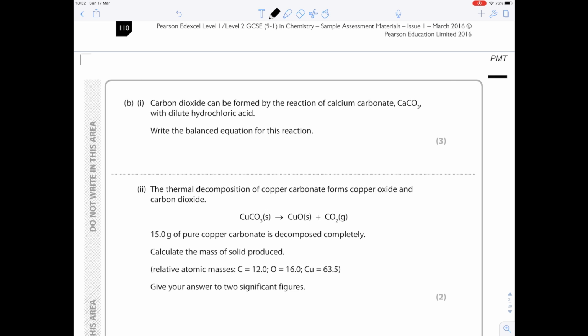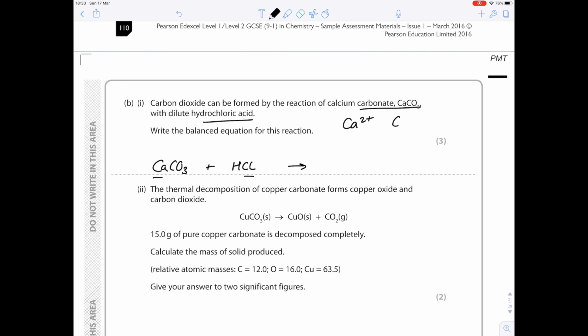Carbon dioxide can be formed by the reaction of calcium carbonate, CaCO3, and dilute hydrochloric acid. Write the balanced equation for this reaction. So our reactants are calcium carbonate and hydrochloric acid. CaCO3. You should know that hydrochloric acid has a formula of HCl. The name of the salt formed, well, we take it from the metal and the ending on the acid, so that's going to be calcium chloride.